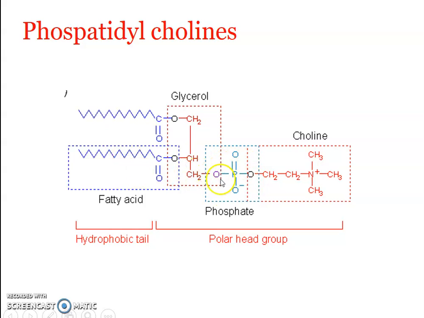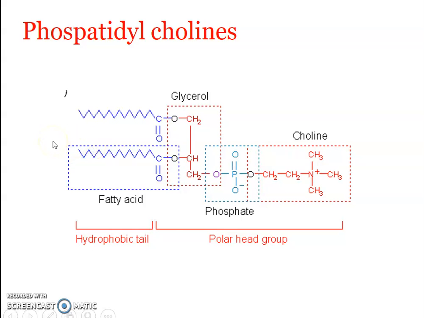One alcohol is bound to phosphoric acid or phosphate, and on the phosphate we have a choline group in the case of phosphatidylcholine. These three, glycerol, phosphate and choline, together form the polar head group, while the two fatty acids extend to the opposite side, forming the hydrophobic end.